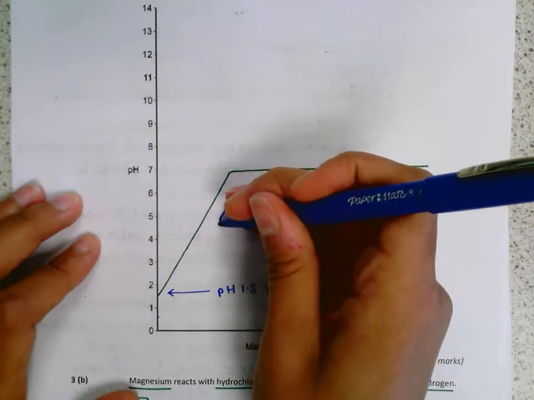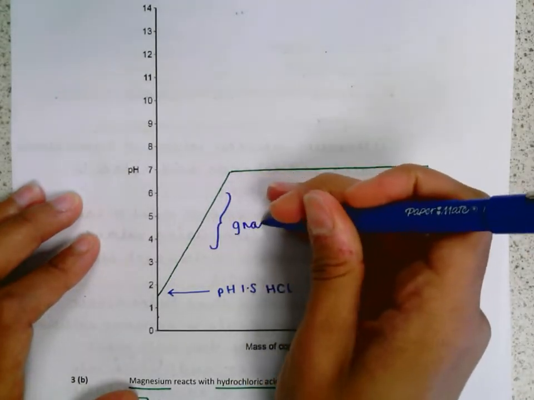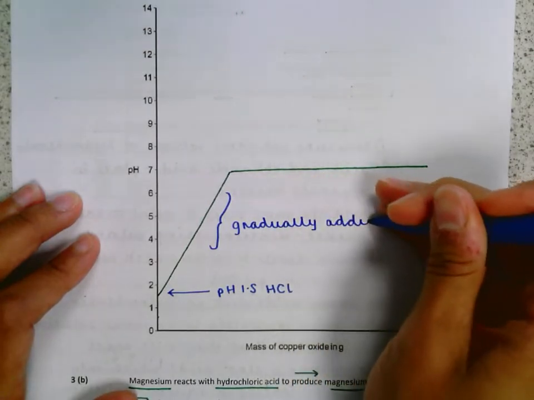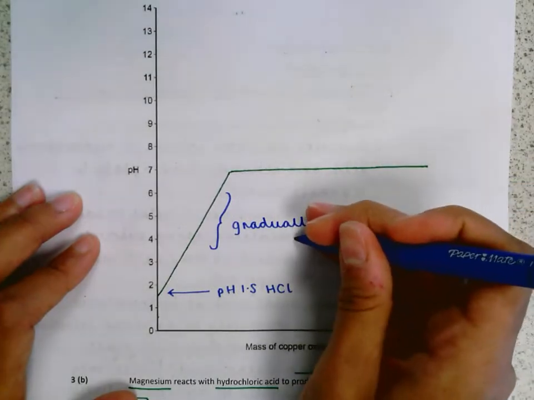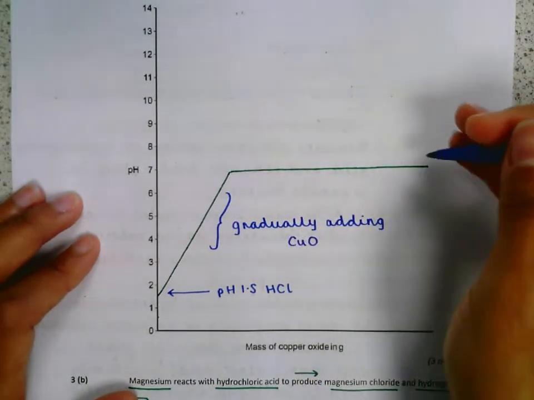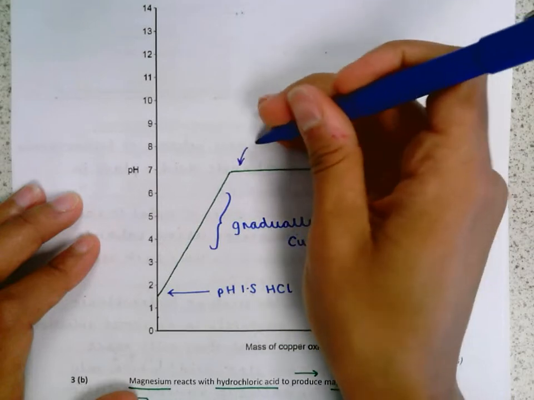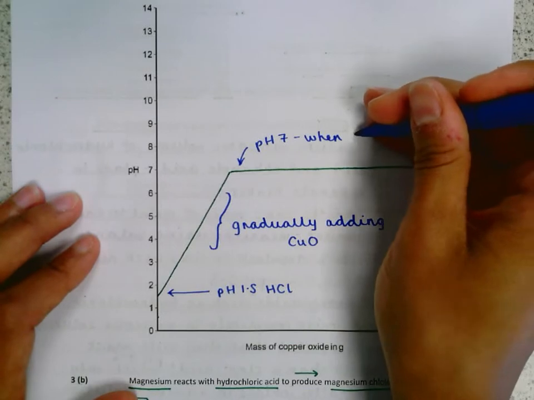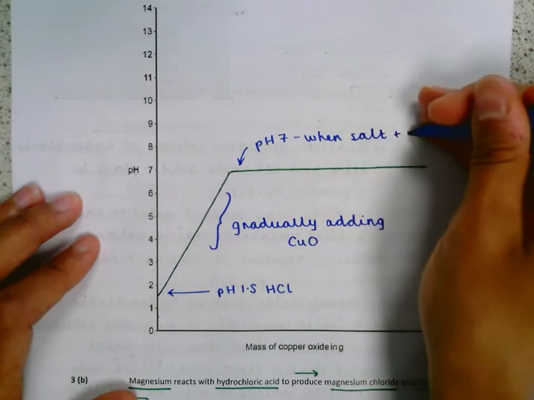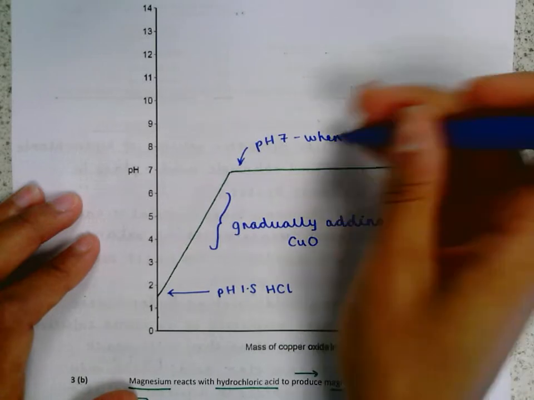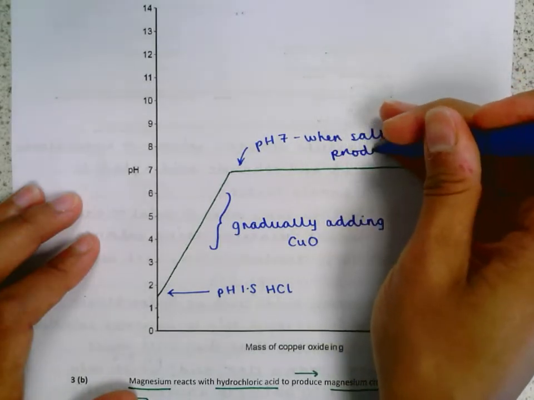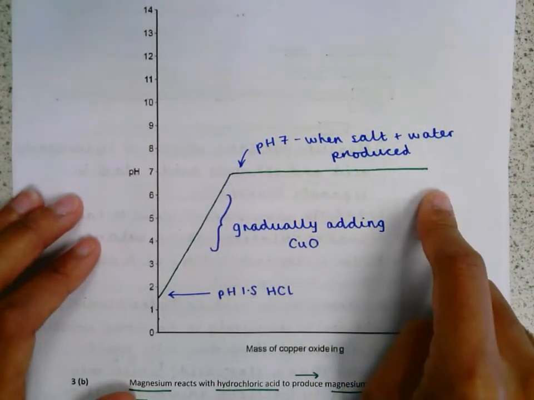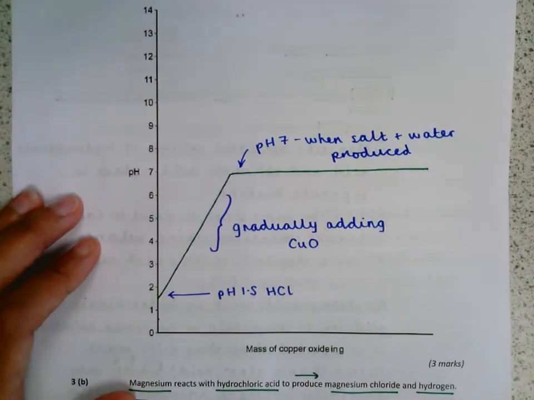This is gradually adding the copper oxide, and this is pH 7 when salt plus water is produced. So this is when neutralisation actually occurs. And we would see that with the universal indicator because the solution would turn green.